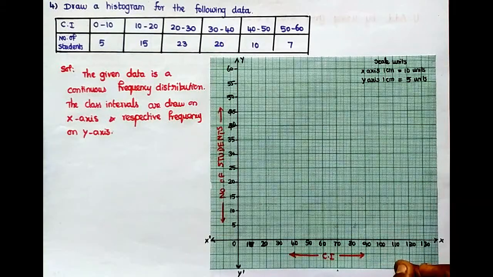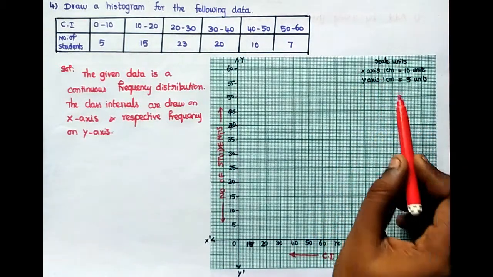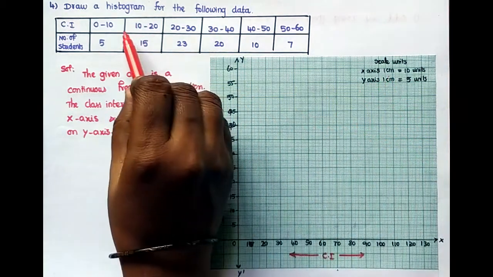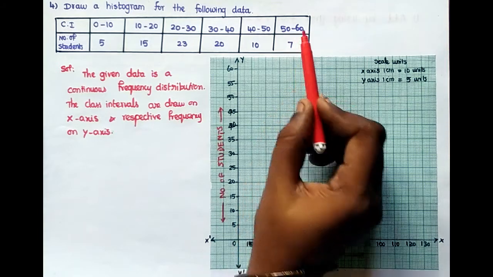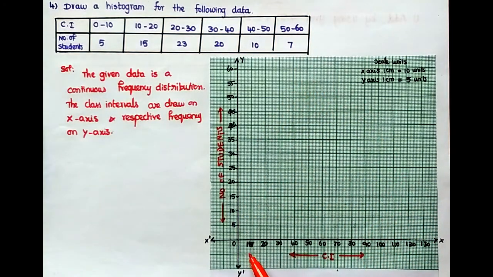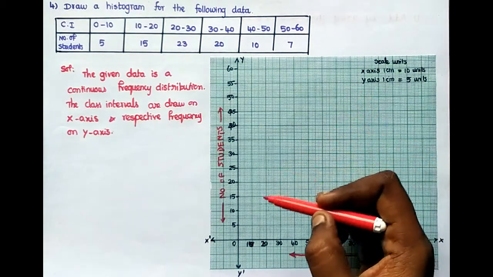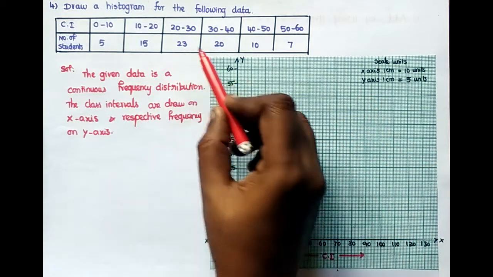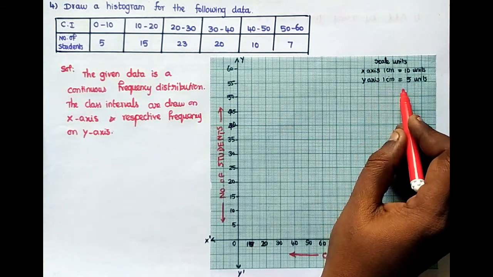Now write down the scale units. X-axis 1 centimeter equal to, listen, the maximum class interval is 10. So take 10 units in 1 centimeter, and on the y-axis 23 is the maximum number. So y-axis 1 centimeter equal to 5 units.